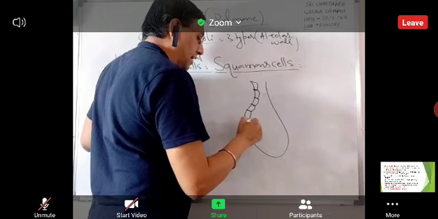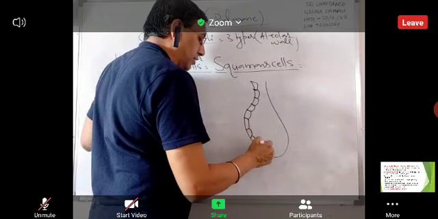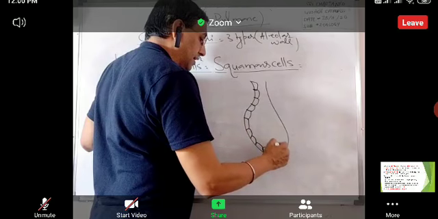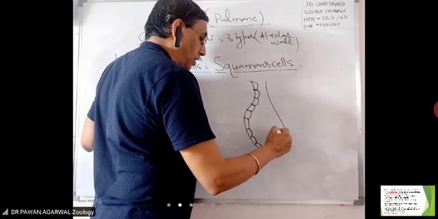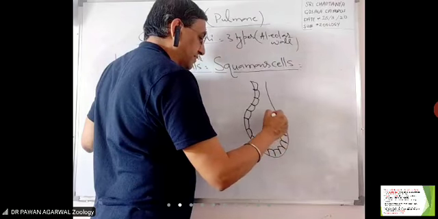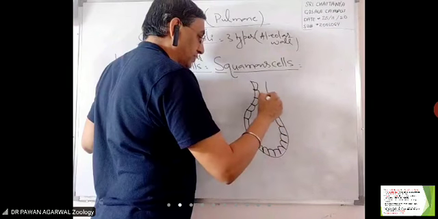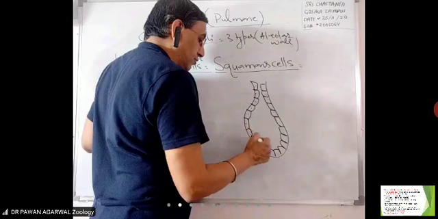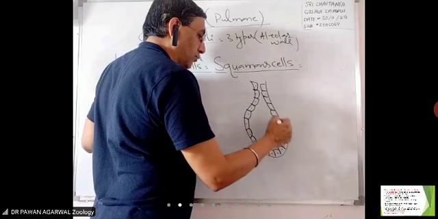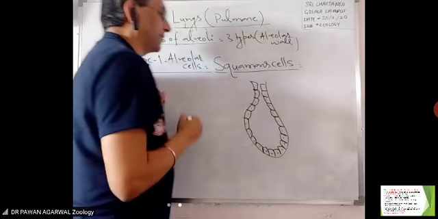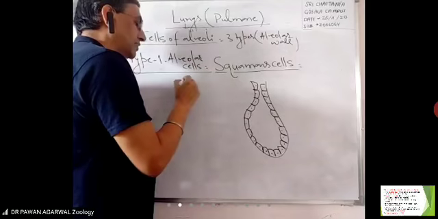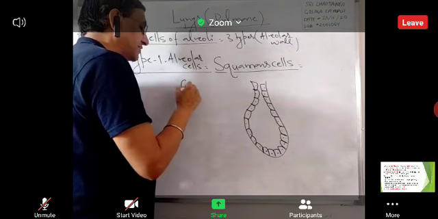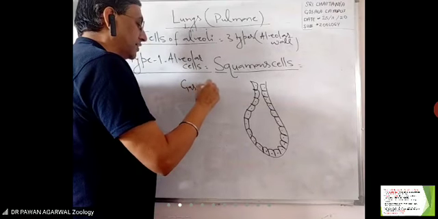This is the wall of the alveoli. They are lining the alveolar wall for the process of gaseous exchange. So squamous cells are for gaseous exchange.